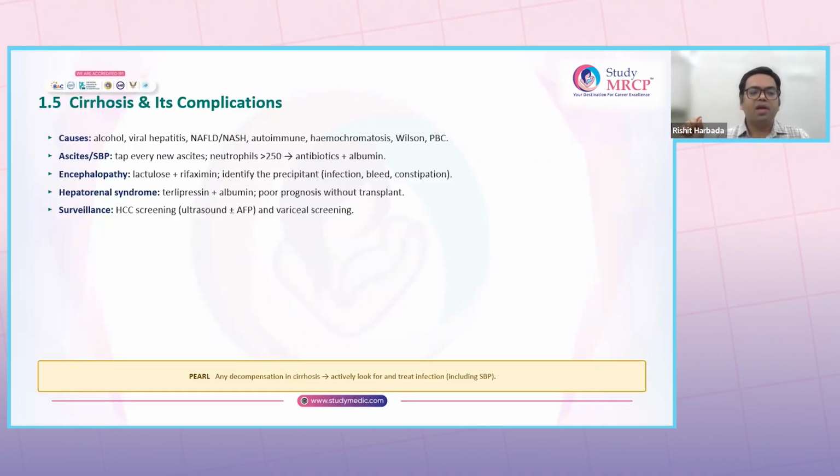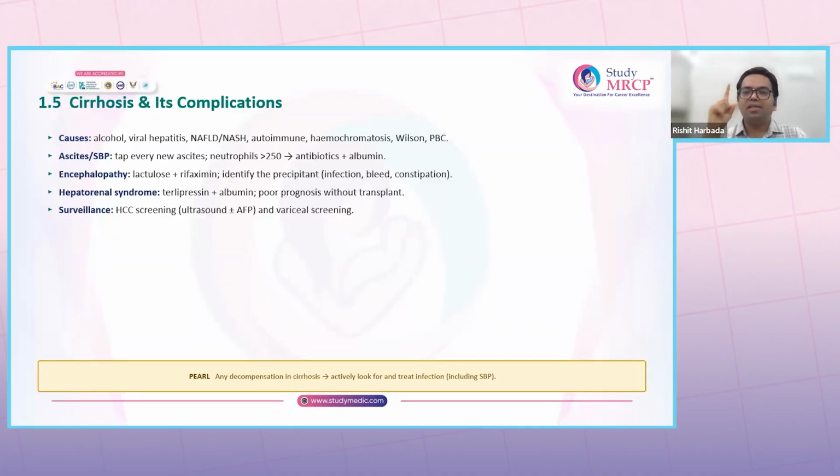And something which is very important is SAAG, the serum ascitic albumin gradient, which is going to be measured. If the neutrophils are more than 250, it is suggestive of infection, which is called SBP. So always remember, if the neutrophils are more than 250, it is suggestive of SBP, and you have to treat this with antibiotics. The albumin you are going to compare with the serum.